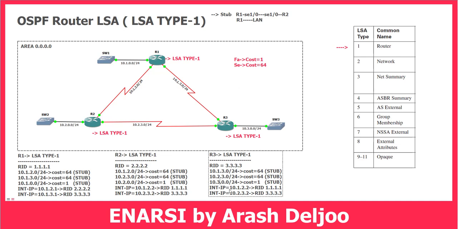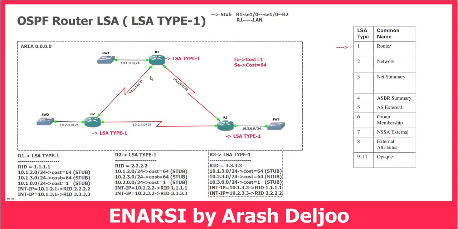This is a stub. With interface IP of 10.133, I am connected to router ID quad 1. Here also we have the cost, but the cost is not so important. Then with the interface IP of 10.233, we are connected to the RID of quad 2. That's it.